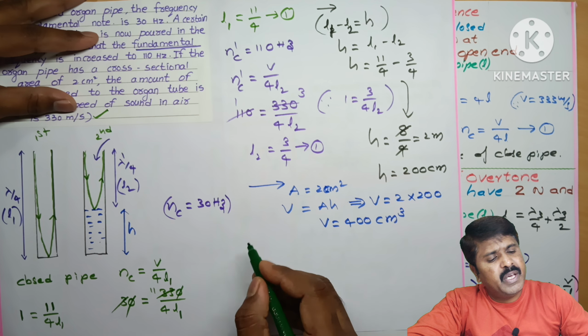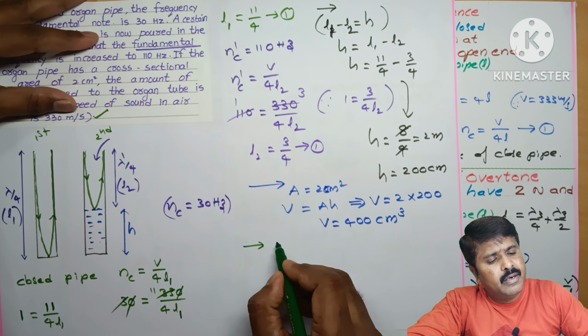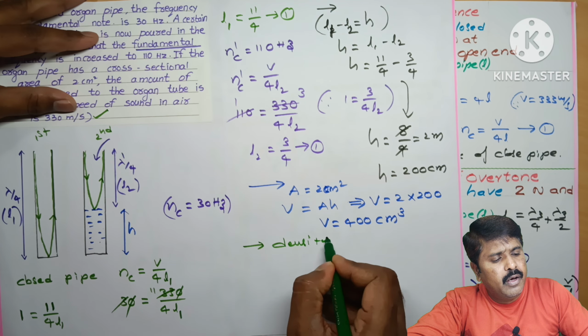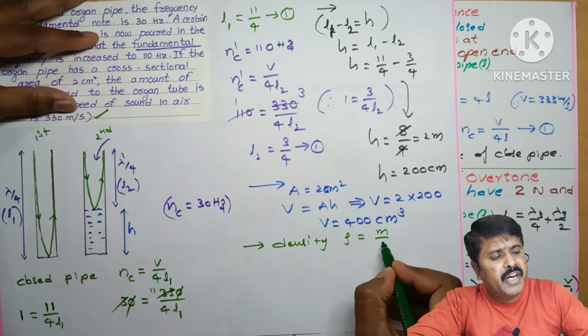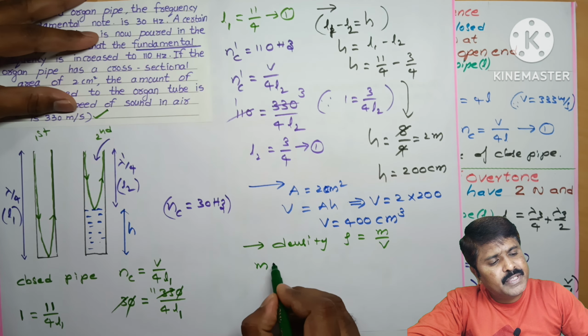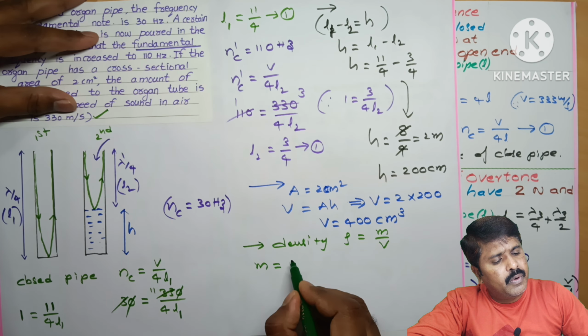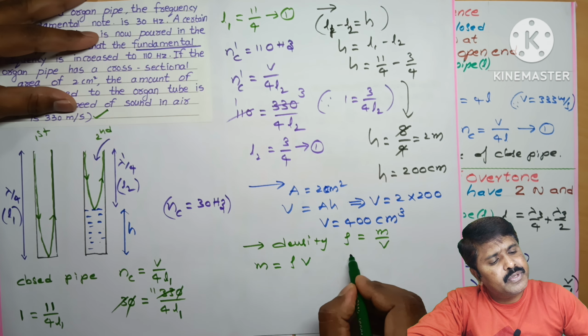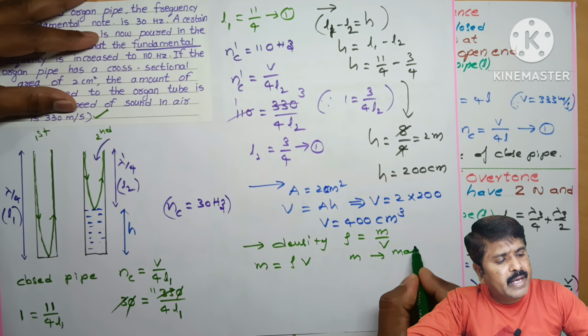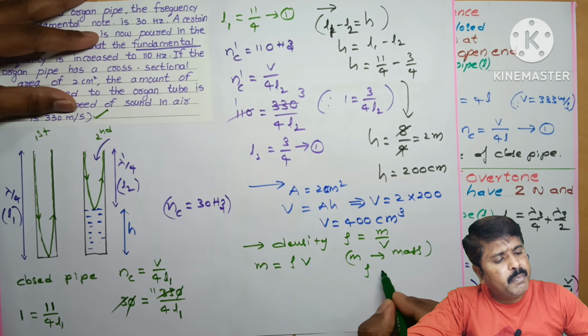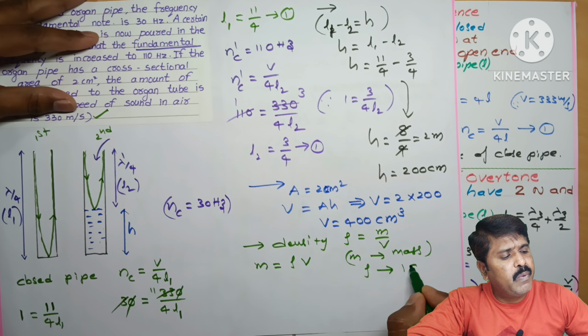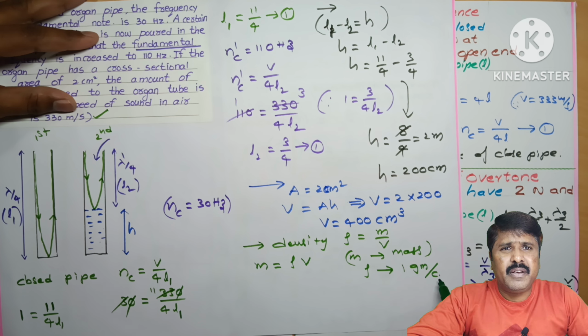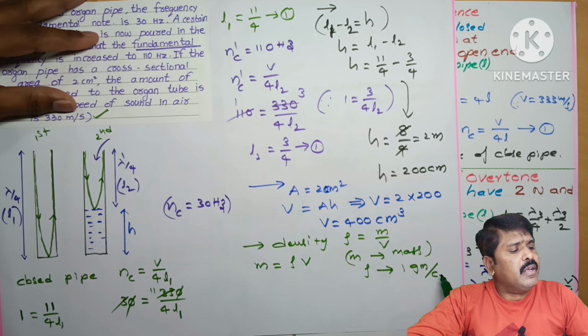The next step is the basic formula: density rho is equal to mass divided by volume, and mass is equal to density into volume. So M represents mass, and rho represents density. The density is 1 gram per cubic centimeter, 1 gram per cc.